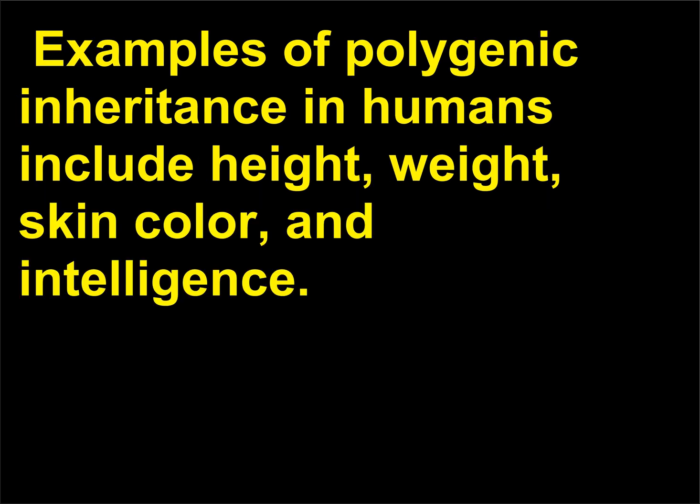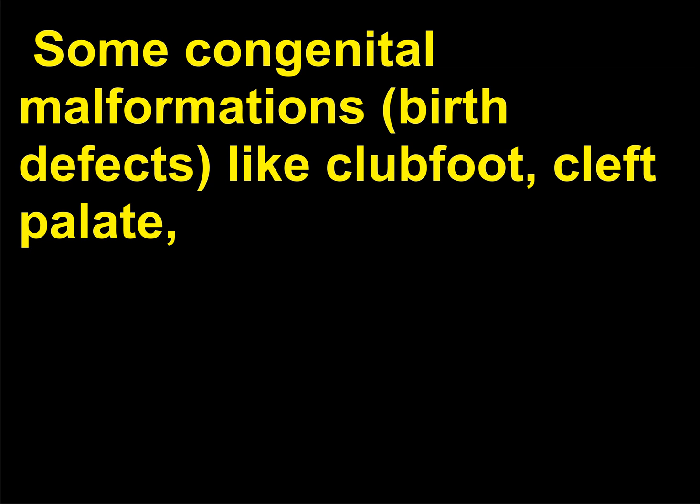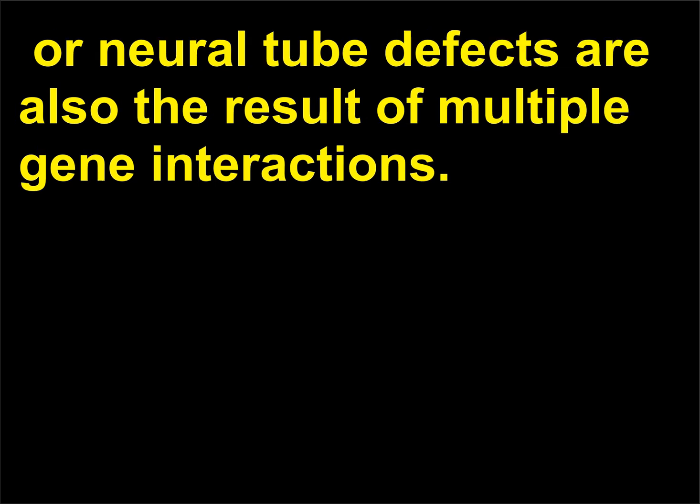Examples of polygenic inheritance in humans include height, weight, skin color, and intelligence. Some congenital malformations (birth defects), like clubfoot, cleft palate, or neural tube defects are also the result of multiple gene interactions.